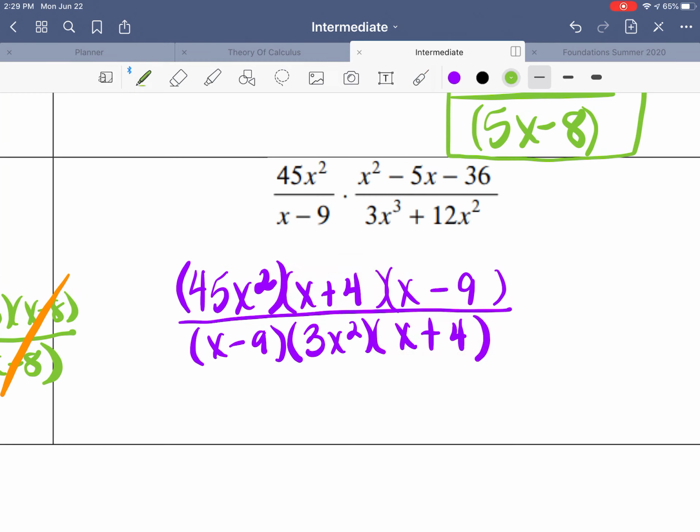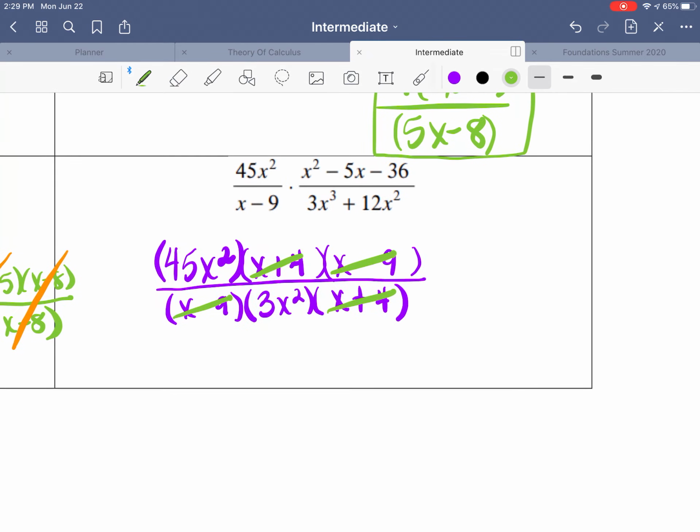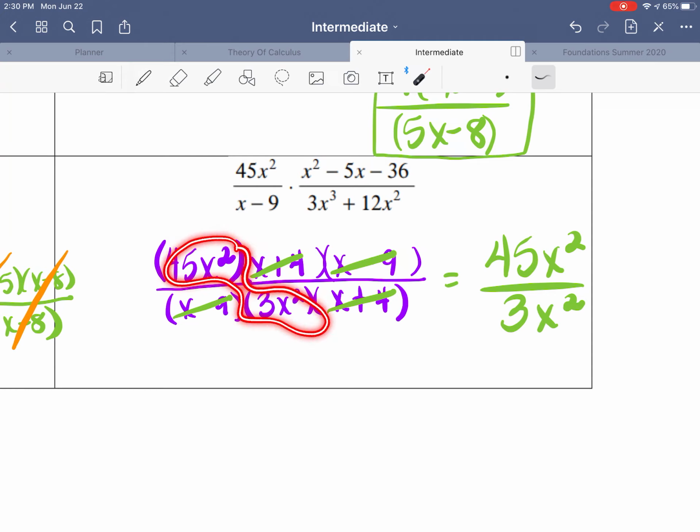X plus 4 and x plus 4, there's one on the top and one on the bottom. X minus 9, one on the top and one on the bottom. And what we're left with is 45x squared over 3x squared. I didn't really have a specific reason as to why I left it, but I knew that they could reduce, but it was a little hard for me to see with it kind of wonky like that.